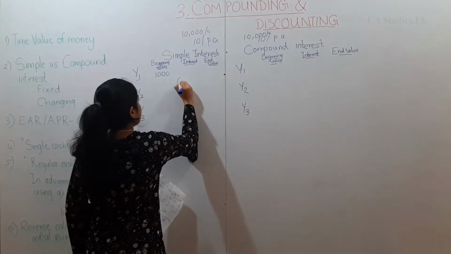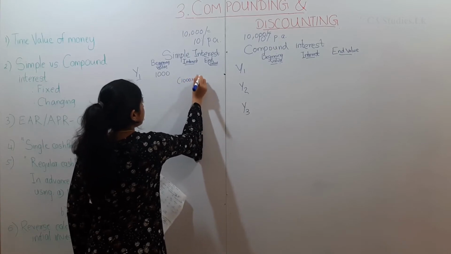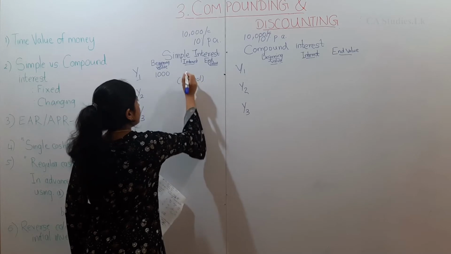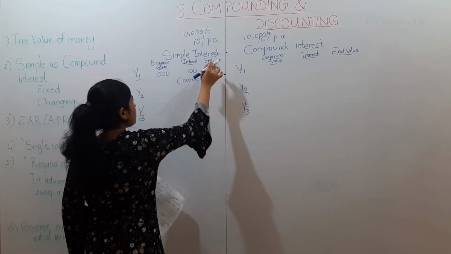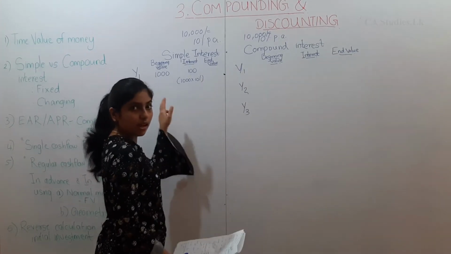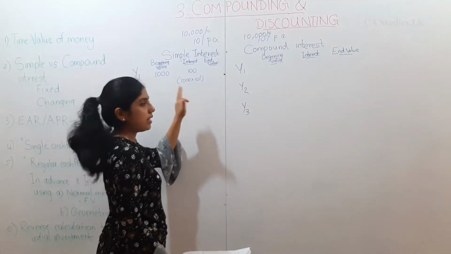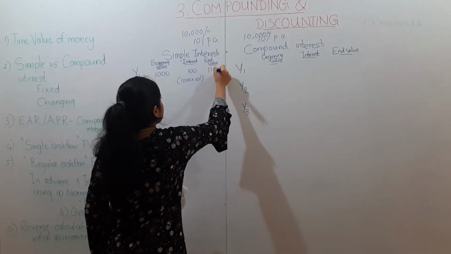So, you multiply 1,000 by 10%. Answer is 100. Then what will be your cumulative end value? It is 1,000 plus 100, which is 1,100.